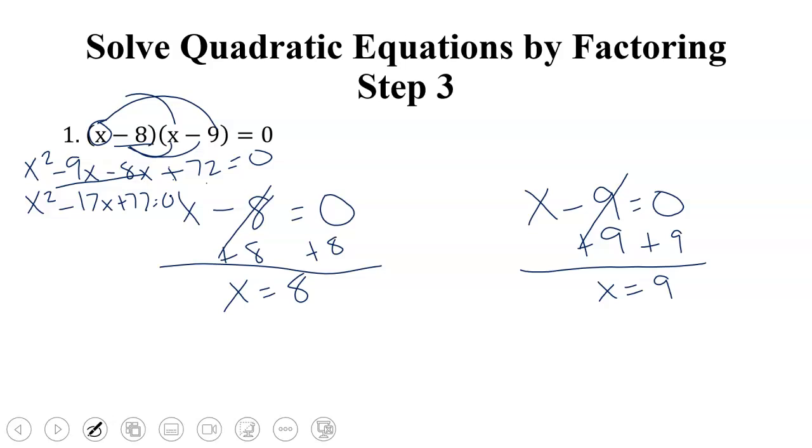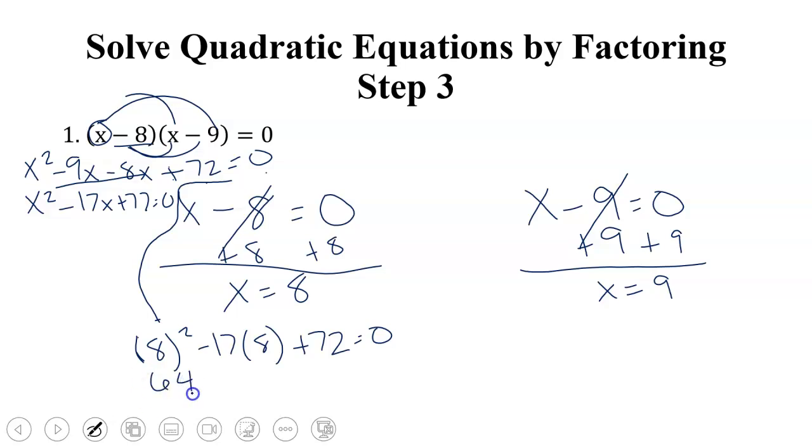So now we're going to plug in each x that we just solved. So I'm going to plug in my 8, and I should get 0 equals 0 after I plug it in. So let's try it. So instead of x, I'm going to put 8 squared minus 17 times 8 plus 72 equals 0. 8 squared is 64.